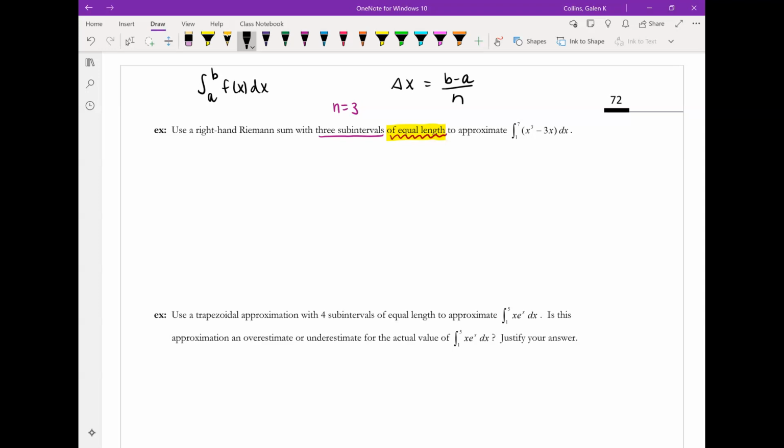So for this problem, delta x is 7 minus 1 over 3, which is 6 over 3, so our delta x is 2.